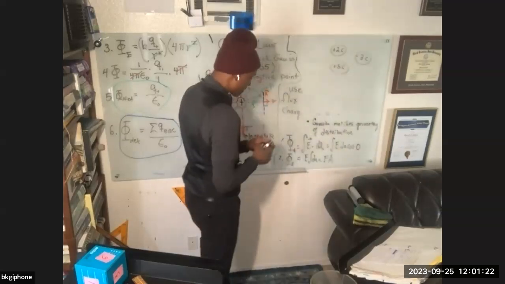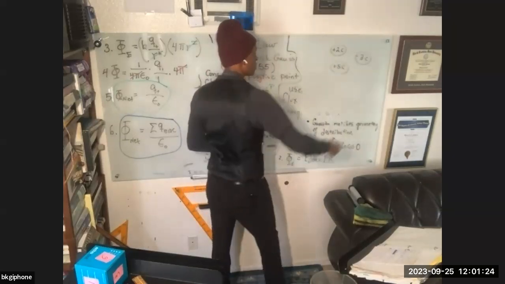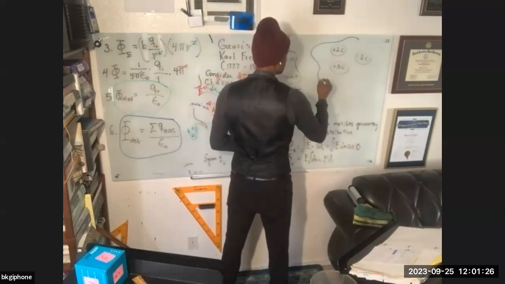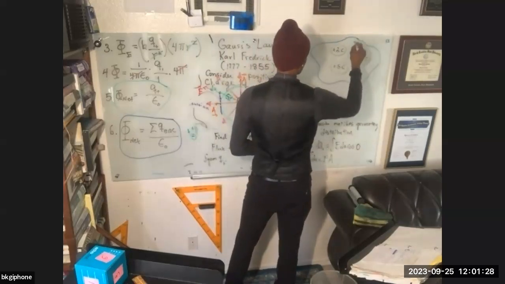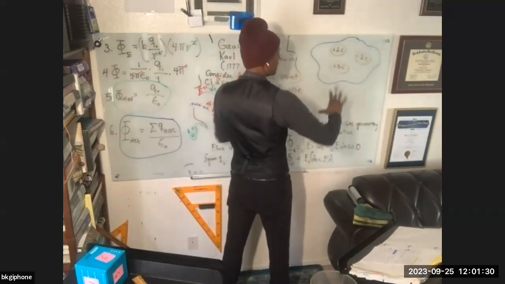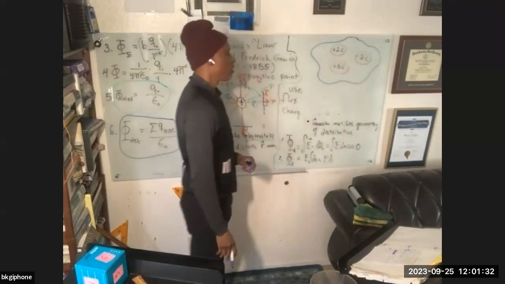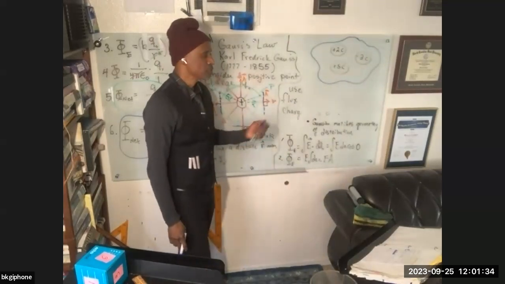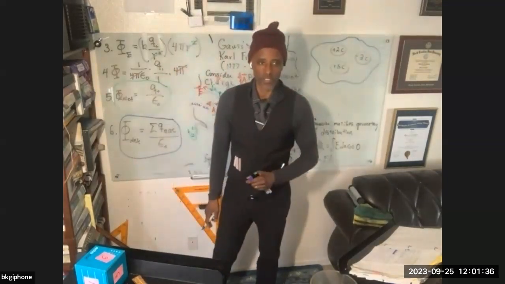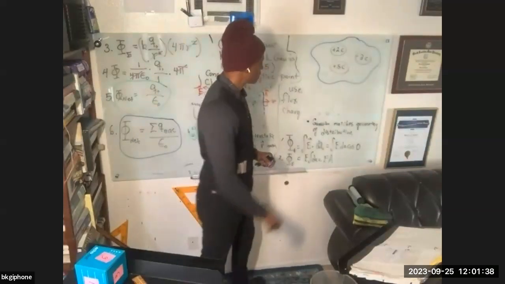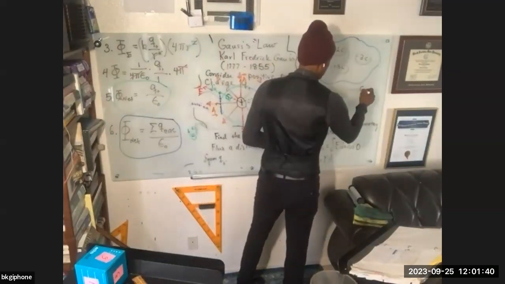And I have some Gaussian surface. And here, the Gaussian doesn't even have to be a sphere, I'm just going to do some arbitrary shape. That's my Gaussian, and it's enclosing those charges. We'll use Gauss's law to determine the flux through that surface. Here's my Gaussian here.